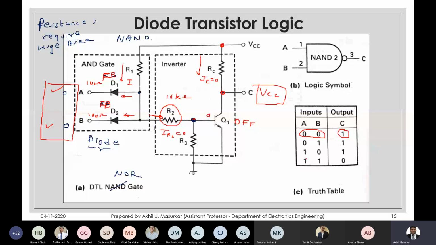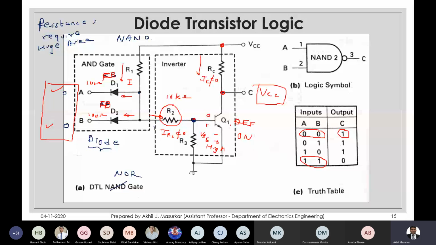We can try one more, that is the last one, that is 1 1. So if both are 1 1, this IR2 will not be equal to 0. VBE will be high. This Q1 will not be off, it will be on. So IC will not be equal to 0, it will flow through this Q1.